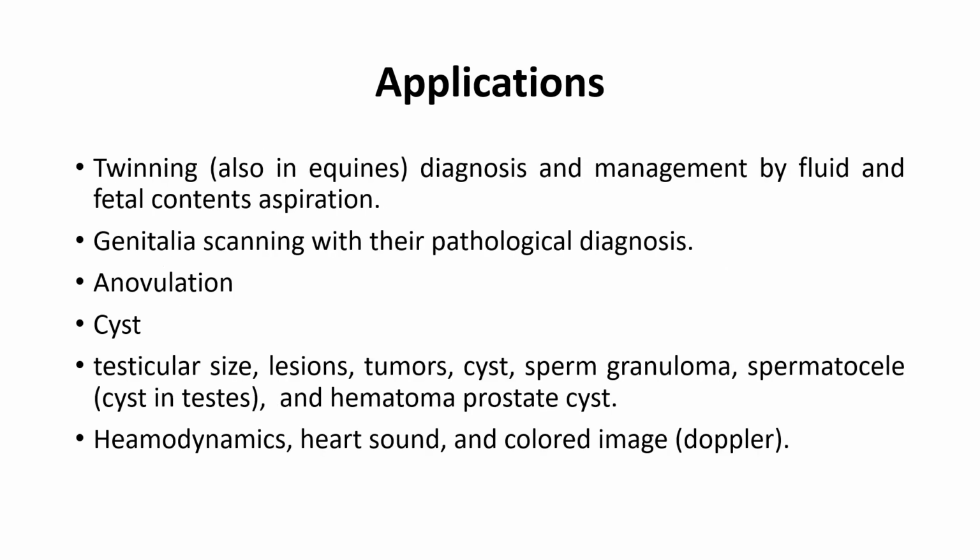We can also use ultrasound for twinning in the case of equines, which is very worthwhile, and we can scan the genitalia and detect their pathological conditions. We can detect anovulation, when the follicle does not ovulate or the egg is not released. We can detect follicular cysts and other types of cysts in the reproductive organs.